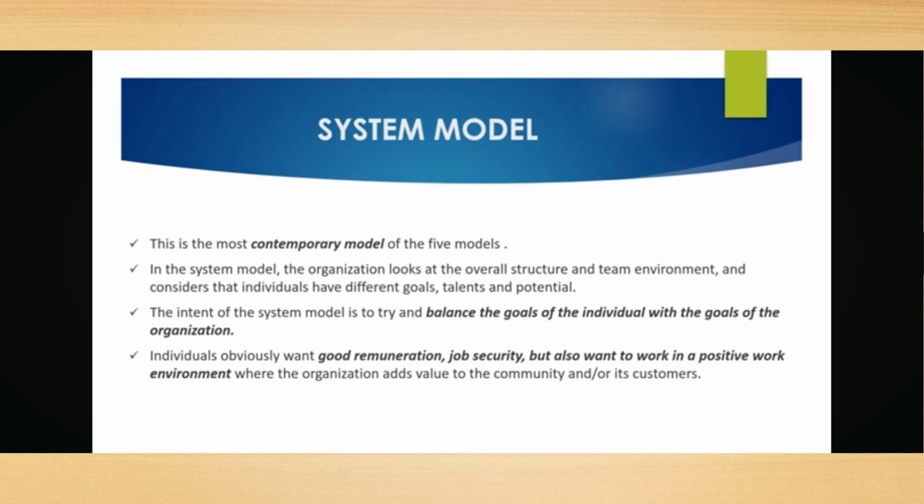The intent of the system model is to try and balance the goals of the individual with the goals of the organization. So the goal of the organization is achieved through the employees achieving their own goals. Individuals obviously want good remuneration and job security, but also want to work in a positive work environment where the organization adds value to the community and or its customers.